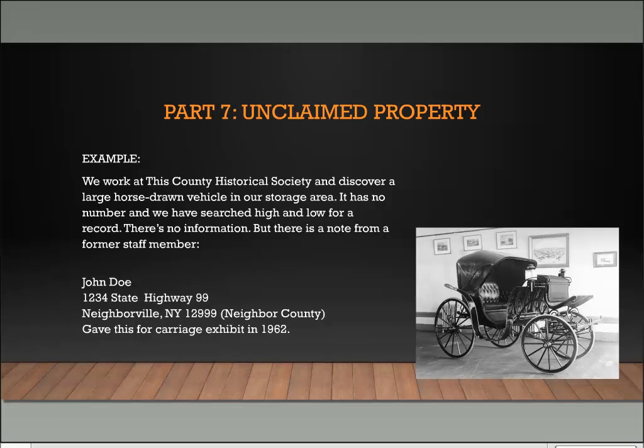Unfortunately, we don't have a gift agreement or a loan agreement or anything from John Doe saying that he agrees to give this to us or to lend it to us for an extended period of time or for a permanent loan. All we know is that a former staff member believes this thing belongs to John Doe and has provided us with his address. So here's what we would do.